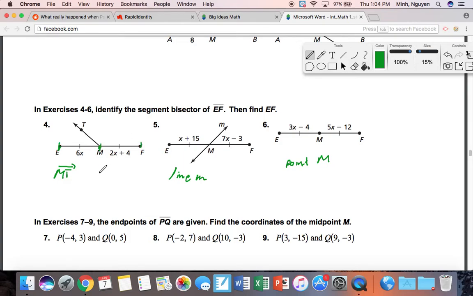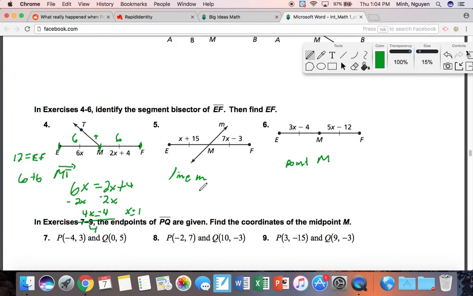They are exactly equal. So subtract 2x, subtract 2x. 4x equals 4. Divide both sides by 4. x equals 1. To get EF, I have to find the whole thing. So 6 times 1 is 6. If this is 6, this is also 6. Add them together. EF is 12. How did I get that? I added 6 and 6.